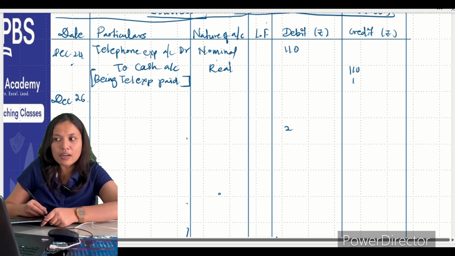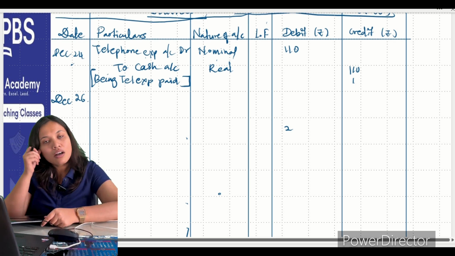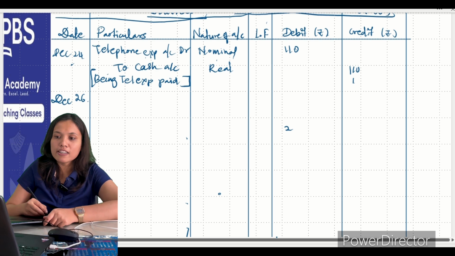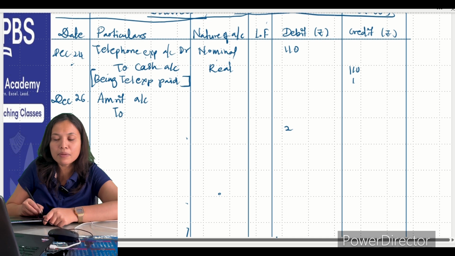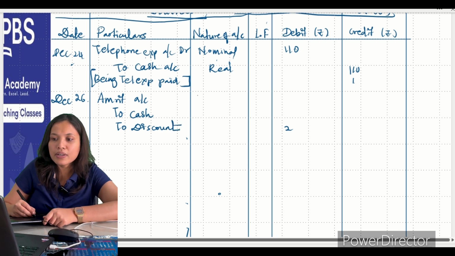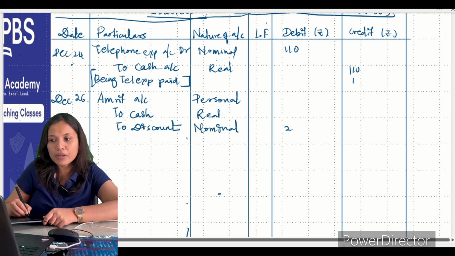So Amrit account we are paying. Amrit is the receiver here. So Amrit account, Amrit is receiving how much? 9450. We are paying him cash. But we are also making a gain of 50 rupees. Gain, so hence credit. So Amrit personal, cash real, discount received account nominal.